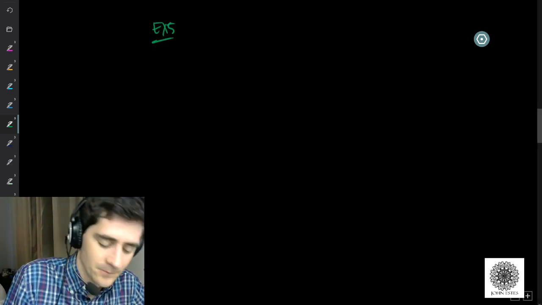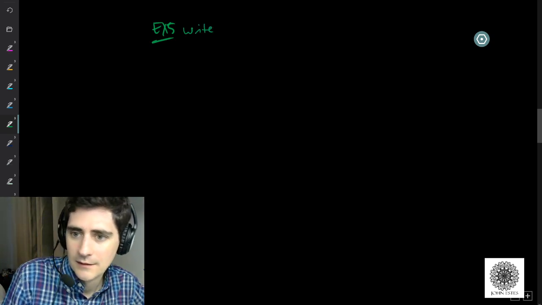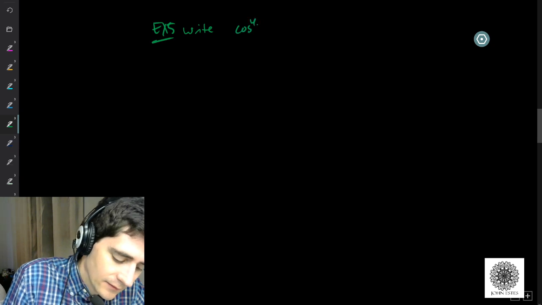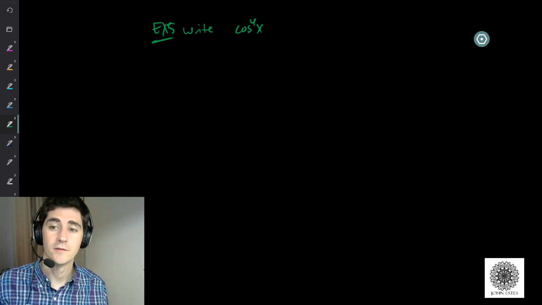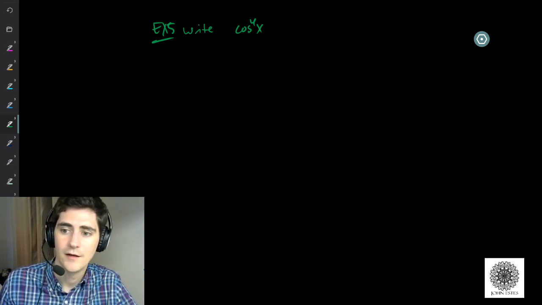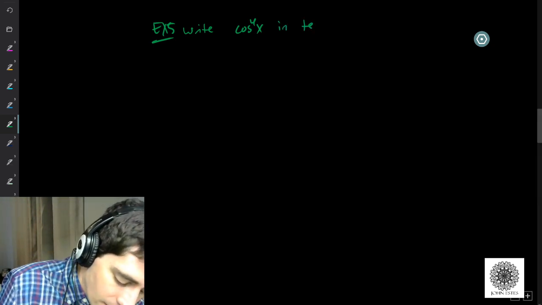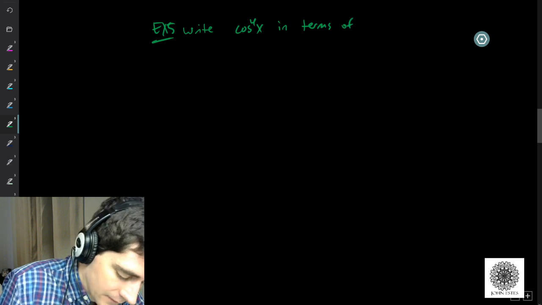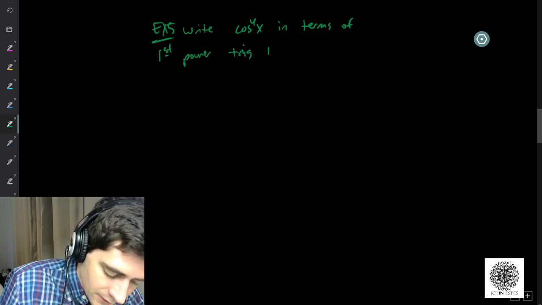Example 5, we want to write cosine to the 4th power of x in terms of first power trig functions.